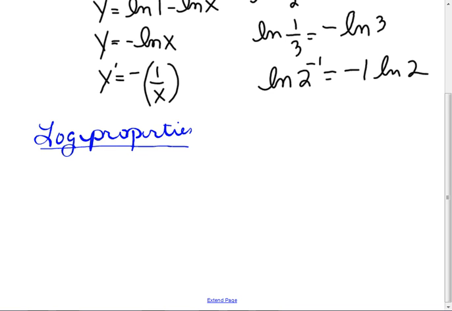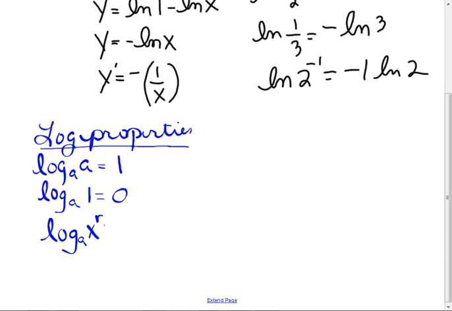Actually, if you go back to your notes, you should have log base A of A is 1. Log base A of 1 is 0. Log base A of x to the r is equal to r times log base A of x. I'd rather use natural logs, it's just easier. I'm just going to do regular log.